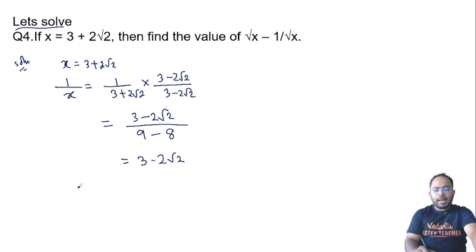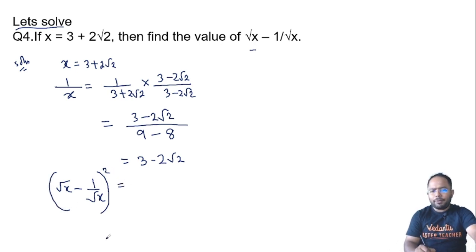Alright. And we have been asked root x minus 1 by root x. But we have x, and on this part we have 1 by x. Now what we can do is, root x minus 1 by root x, if we do the whole square of it, what can we get?